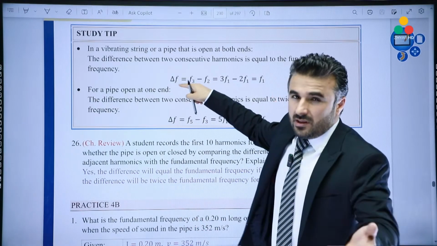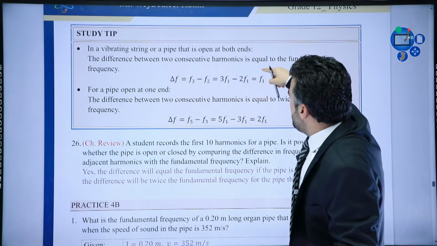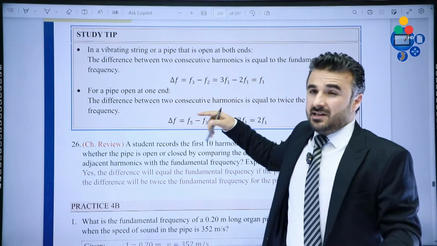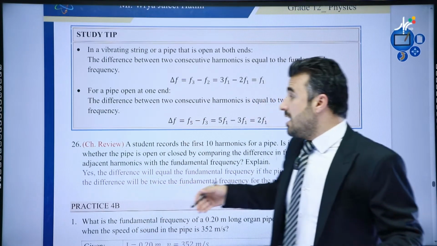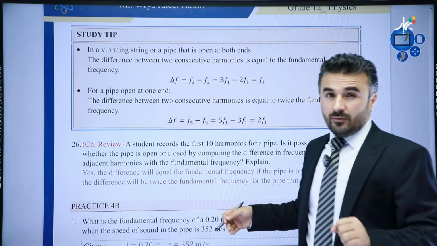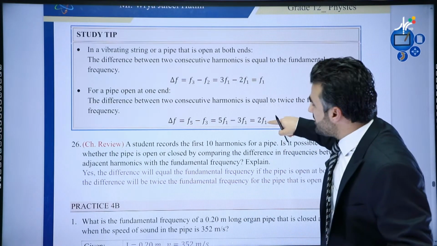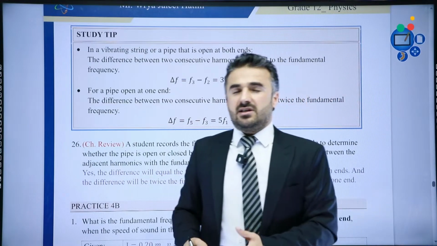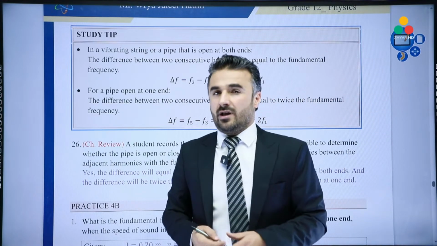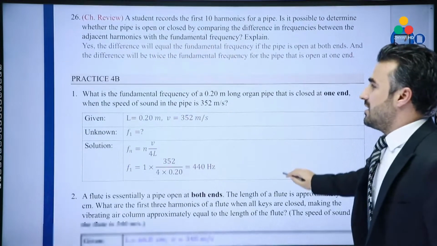If the difference is equal to the fundamental frequency, that means the pipe has to be open at both ends. But if the difference is equal to 2 times the fundamental frequency, then the pipe being used is closed at one end. And of course, that is the answer.